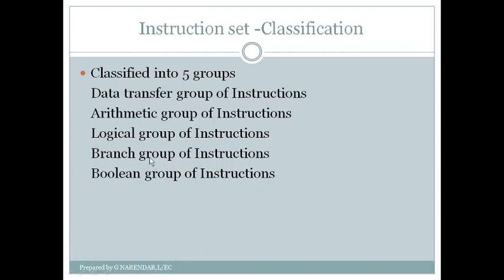If you want to change the instruction sequence, then you need some instructions written separately, and those come under the branch group. And for the Boolean group, when you want to perform logical operations on bits, you require certain instructions that come under the Boolean group of instructions.